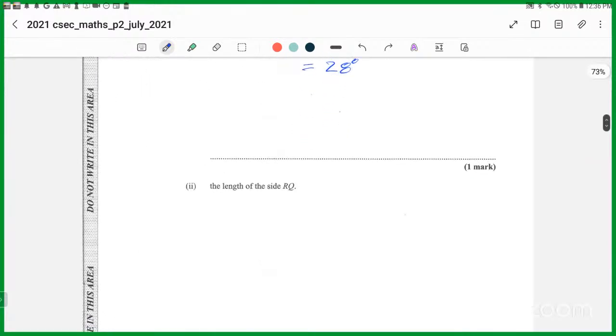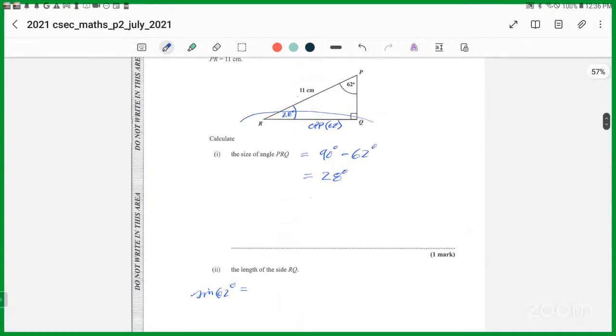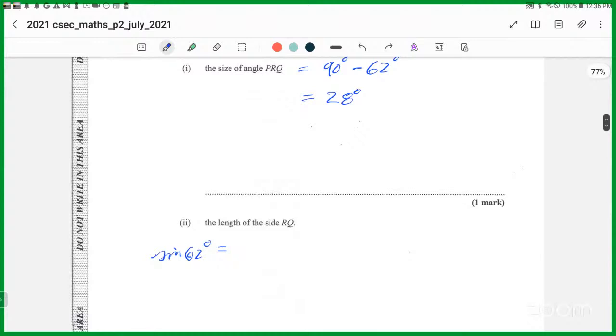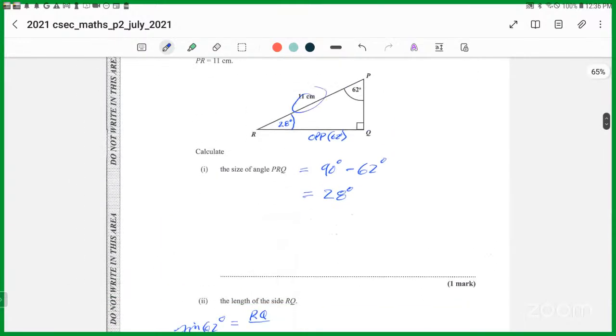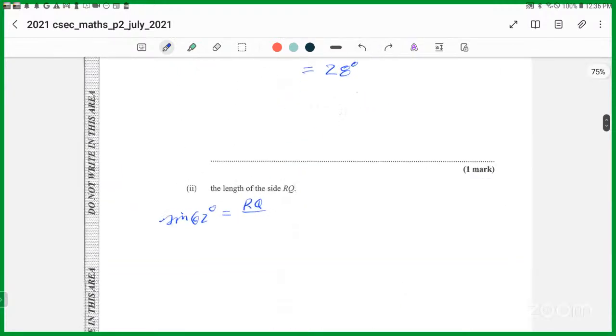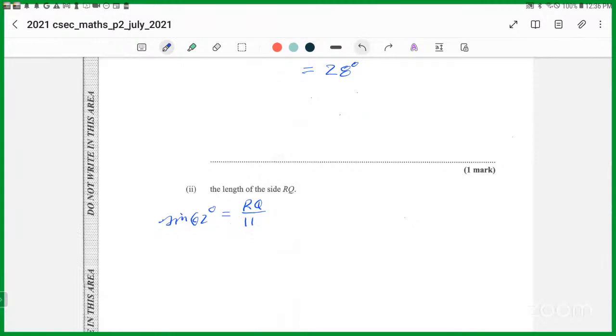So the sine of 62 degrees equals the opposite side that we want, which is the RQ, over the hypotenuse, which is 11. And take the 11 and multiply it up here. And so the RQ will be 11 times the sine of 62 degrees.